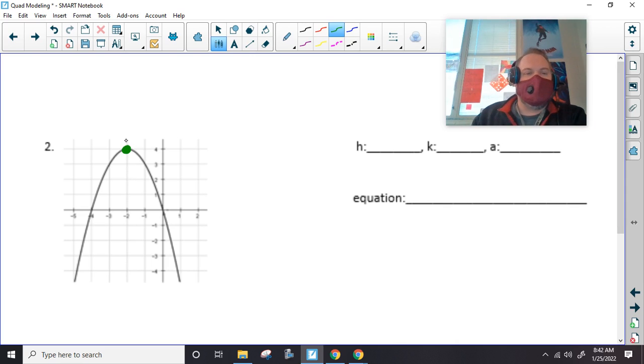Okay. This point right here is at -2, 4. All right. So that, and remember, our vertex is HK. So we know our H and our K now.